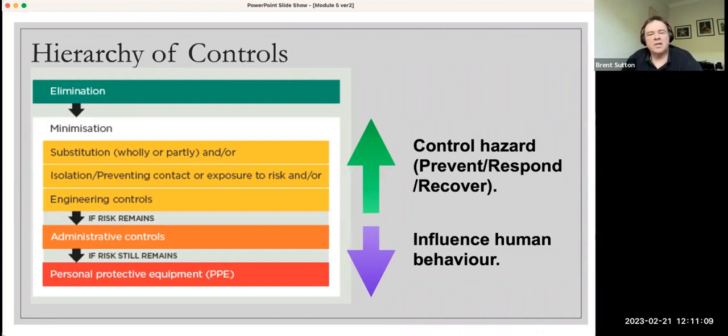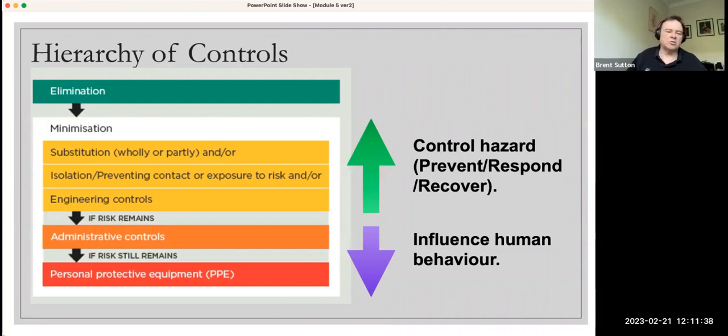The monitoring of the levels may well be a response component, or sirens being activated, or beacons going off. And then the recover component might be how extraction knocks up that next level, or how we might close off certain areas to prevent it from going further.